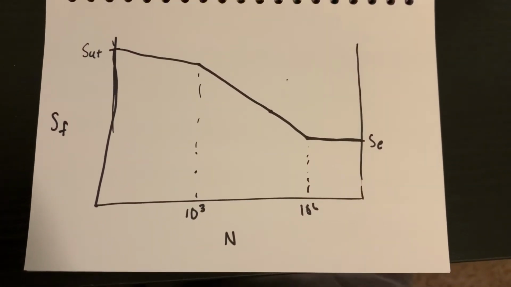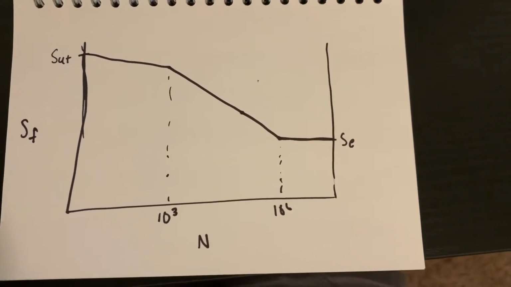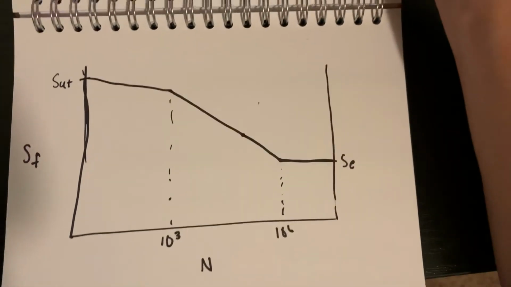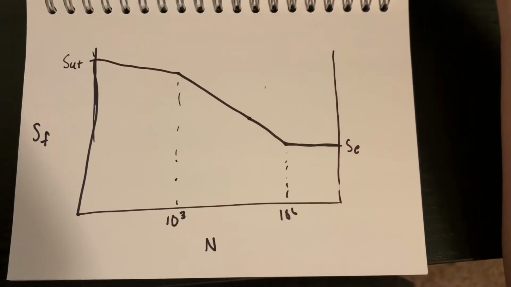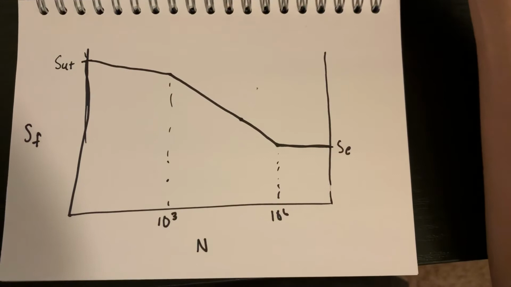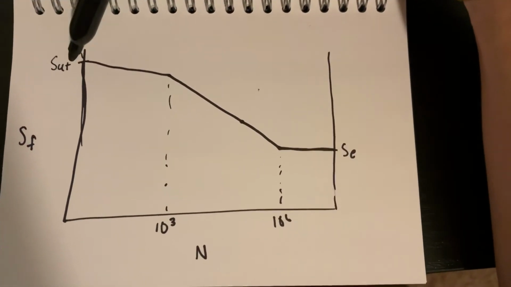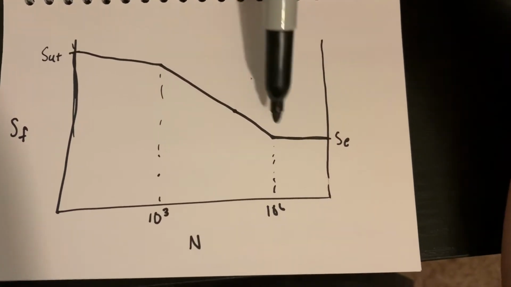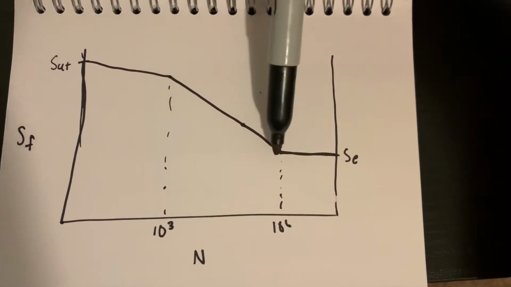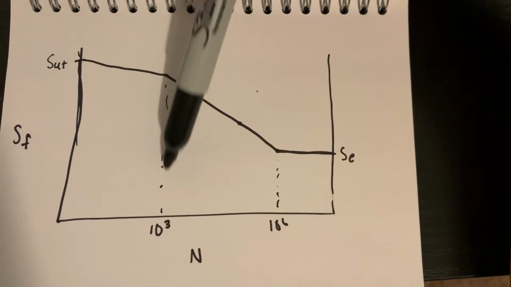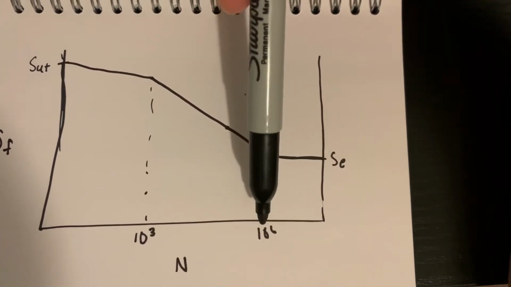So now what we'll get into is this idealized S-N curve, our fatigue strength, and our number of cycles in the curve, and this is the ideal version. So it takes us from our ultimate tensile strength to our S sub E. We have two changes in the curve. One is at 10 to the third, one's at 10 to the sixth.